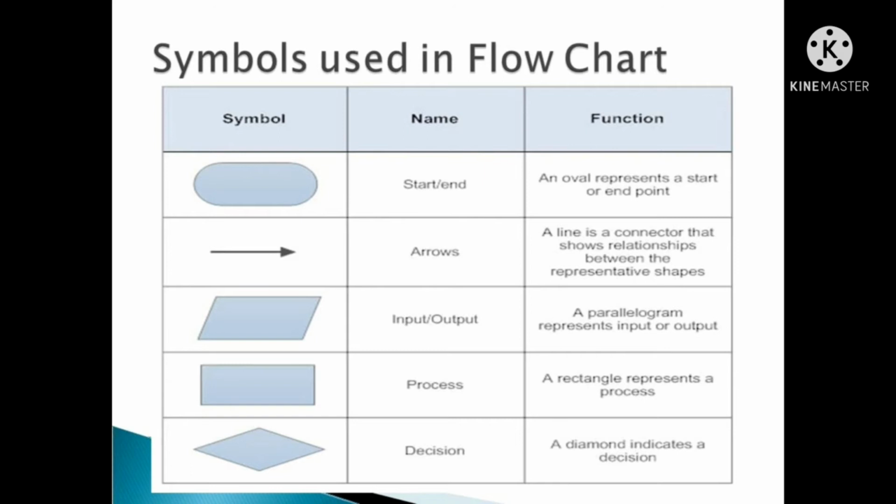Then next is the parallelogram. A parallelogram represents input or output. Next one is the rectangle. A rectangle represents a process. Next one is the diamond shape. A diamond indicates a decision. If there is a question with the answer yes or no, it will be represented by a decision.